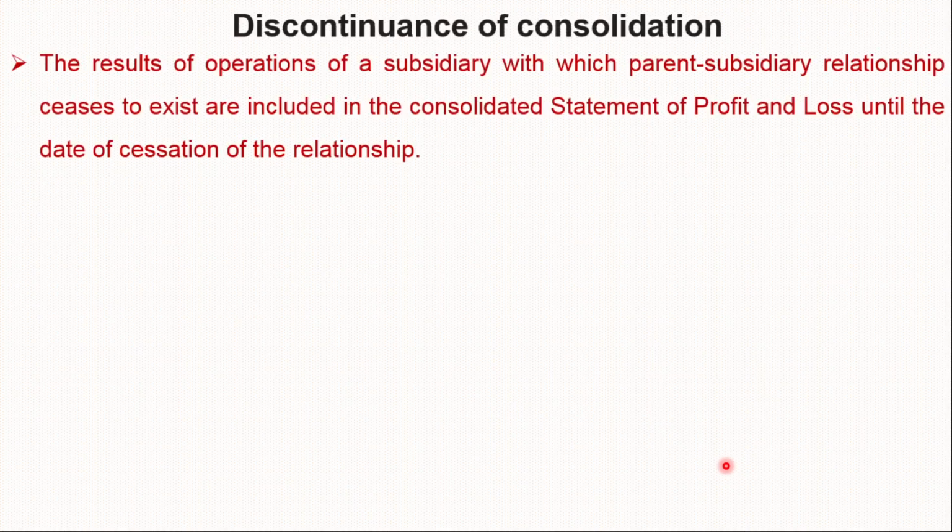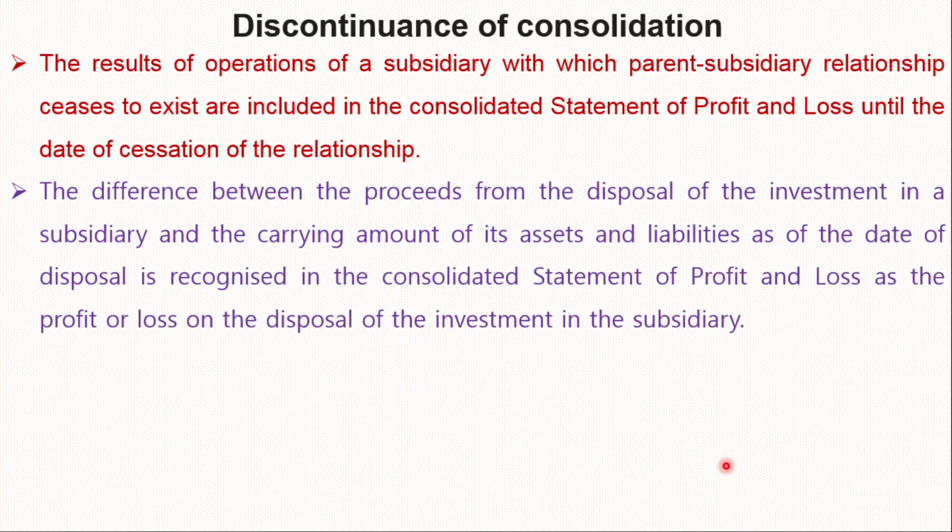Now, discontinuance of consolidation. The results of operations of a subsidiary with which the parent-subsidiary relationship ceases to exist are included in the consolidated statement of profit and loss until the date of cessation of the relationship. The difference between the proceeds from the disposal of an investment in the subsidiary and the carrying amount of its assets and liabilities as of the date of disposal is recognized in the consolidated statement of profit and loss as the profit or loss on the disposal of the investment in the subsidiary.